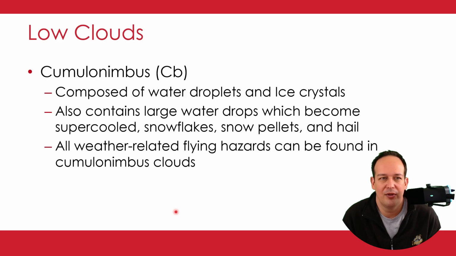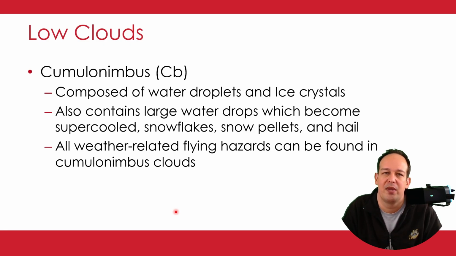So cumulonimbus clouds are composed of water droplets and ice crystals, and they contain large water droplets which become supercooled because of the drafts within a cumulonimbus cloud. You'll have updrafts and downdrafts. And when we talk about icing, typically you can expect water to be supercooled between 0 and negative 20 degrees Celsius.